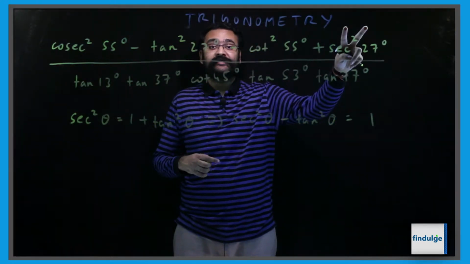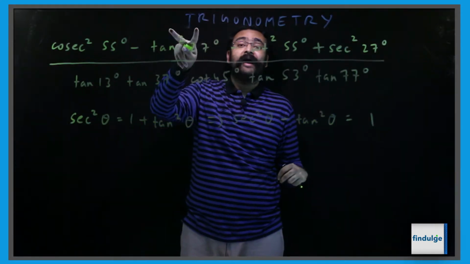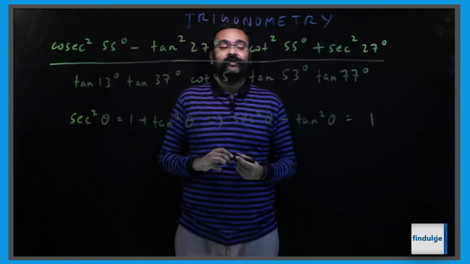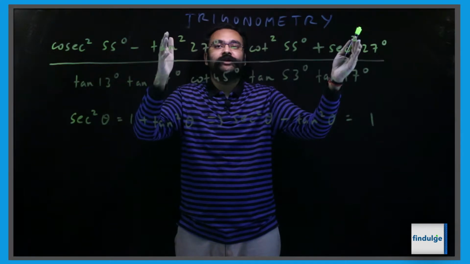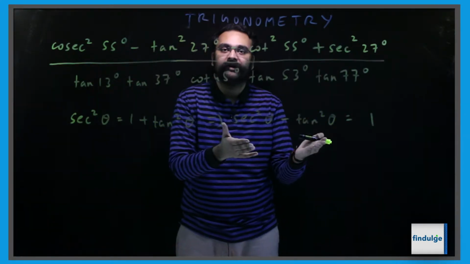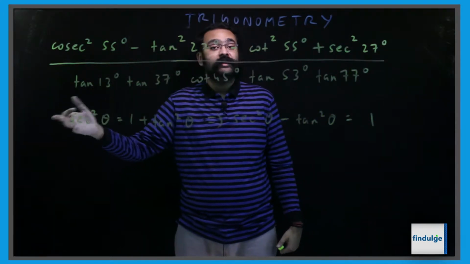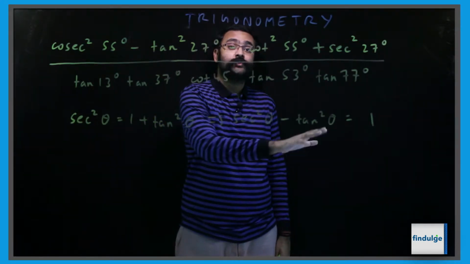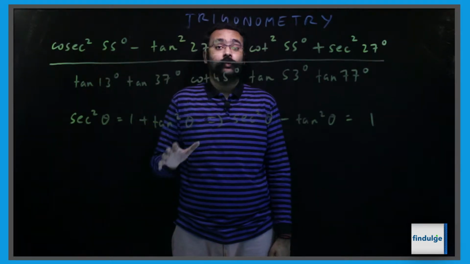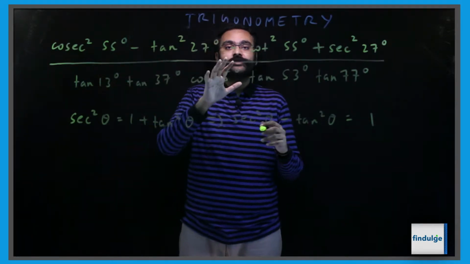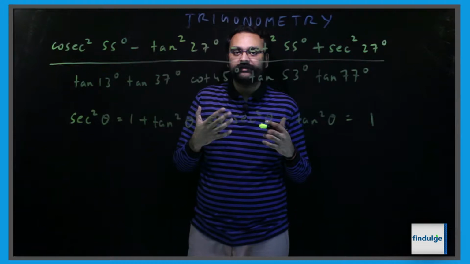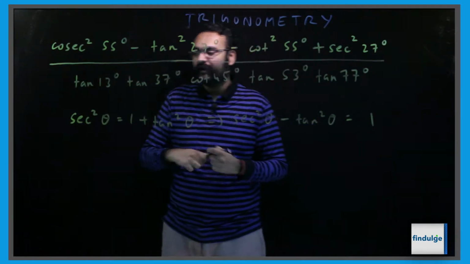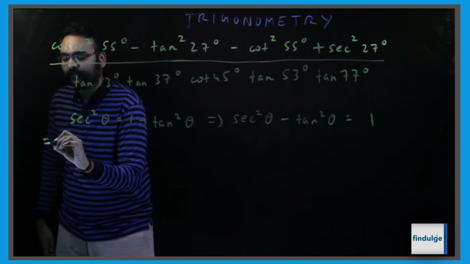I have plus sec square 27 and minus tan square 27. So by rearranging my numerator, I actually come here. Similarly, cosec square and cot square had the same relationship. So cosec square minus cot square would also be equal to 1. When we deal with these questions, we'll rearrange them to make it convenient for ourselves.